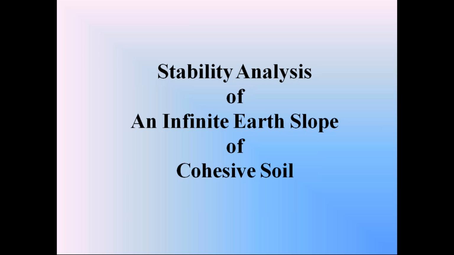Now we are going to discuss the stability analysis of the infinite cohesive side slope. Here also we are going to discuss the three conditions: the soil in dry condition, soil in submerged condition, and soil in seepage flow condition. For all those three conditions, we are going to discuss the derivation of factor of safety of this infinite cohesive soil slope.